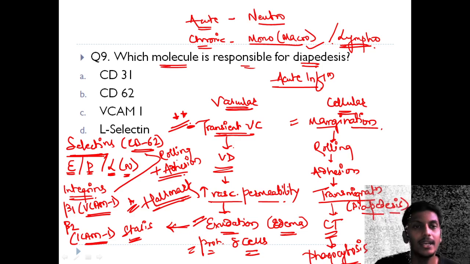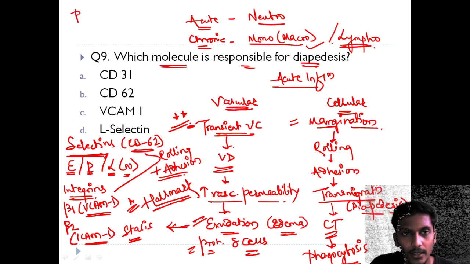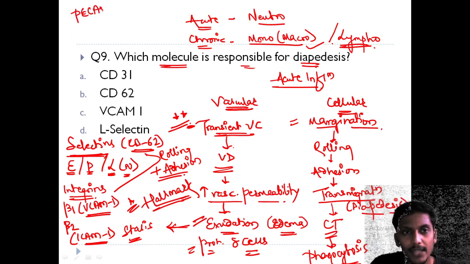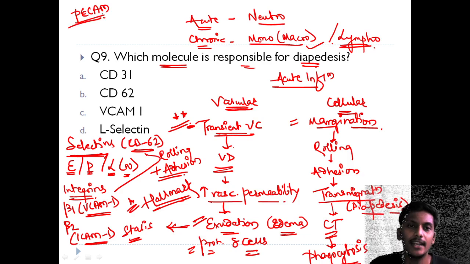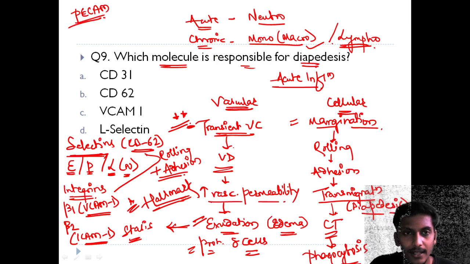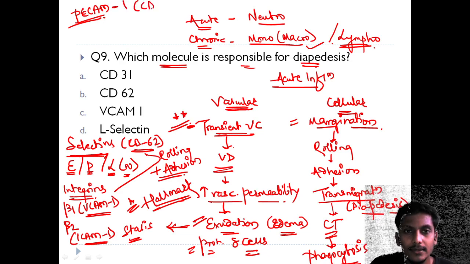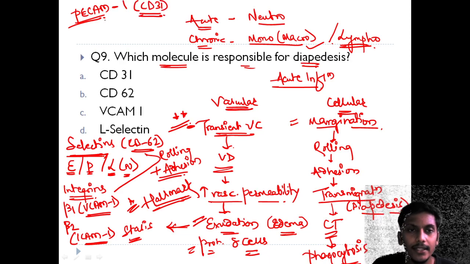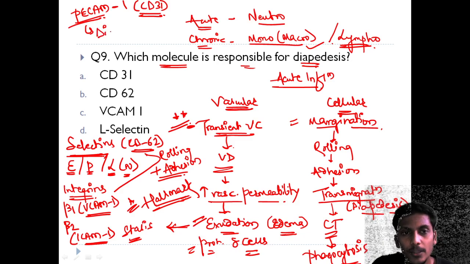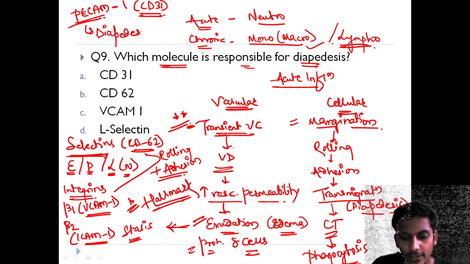Important one. Next is your PECAM1, that is platelet endothelial cell adhesion molecule 1, also known as CD31, which is responsible for the process of diapedesis.